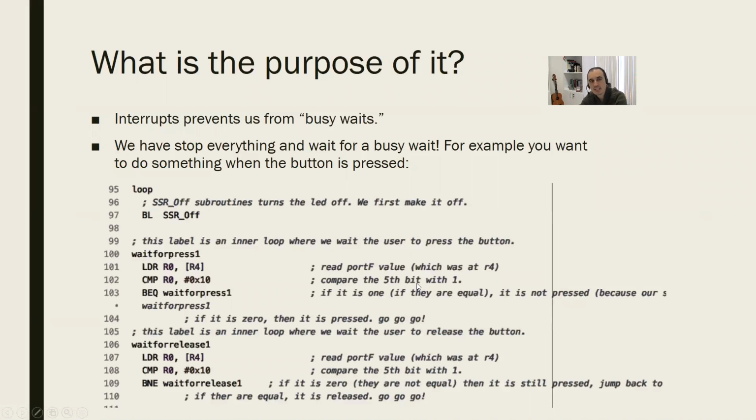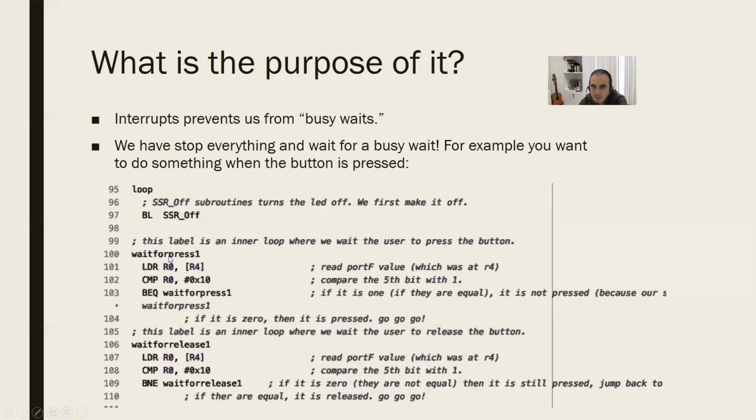So the second slide is about the busy wait operation we have defined previously. In the previous hour, we did a hands-on code experience on these wait-for-press subroutines. You'll remember those.